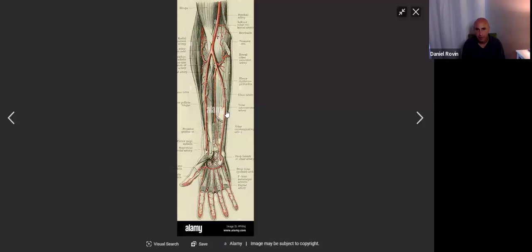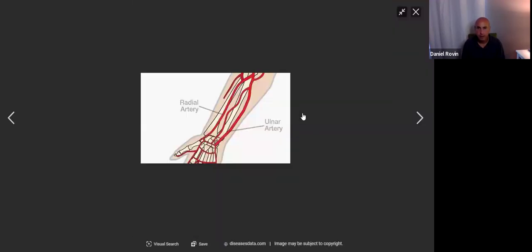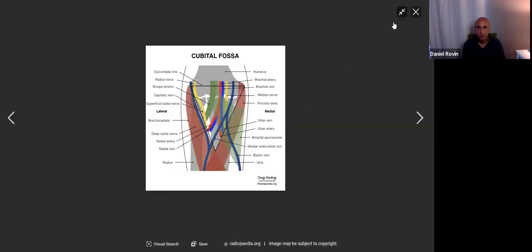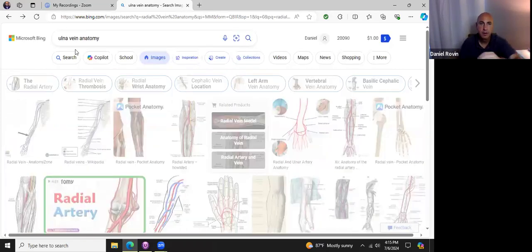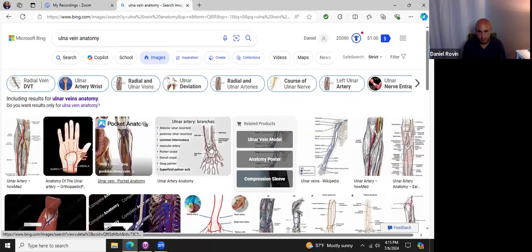Okay, so there's the ulnar artery. Where's the ulnar vein? Come on. I'll just show you. Ulnar vein. I'll just go with this picture.